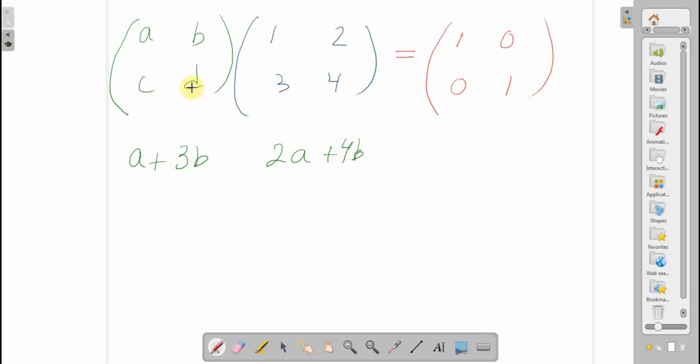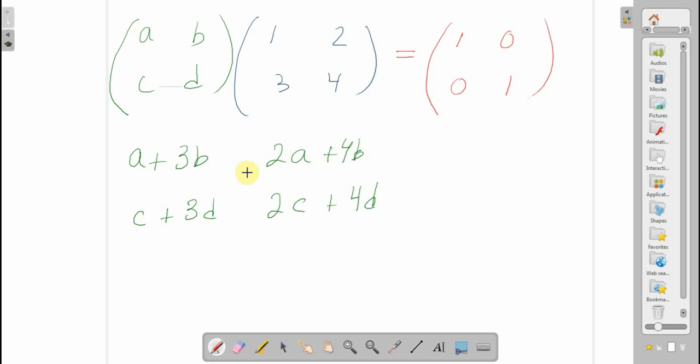And then we got second row, first column. So we get C plus 3D, and then we got second row, second column, 2C plus 4D.